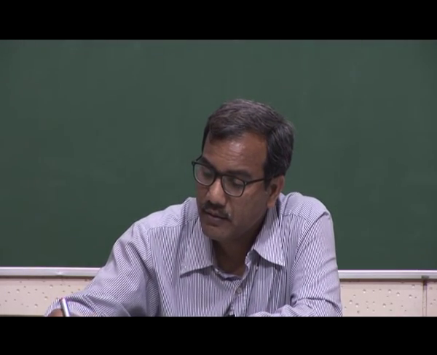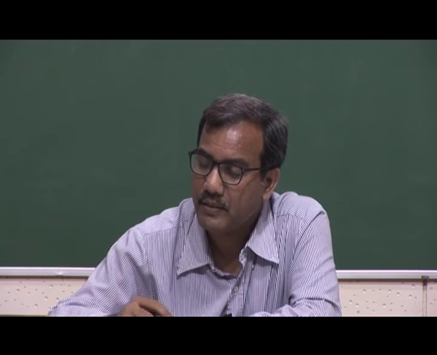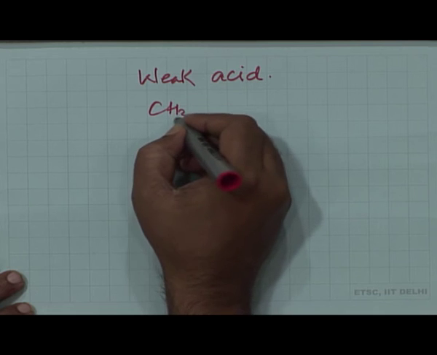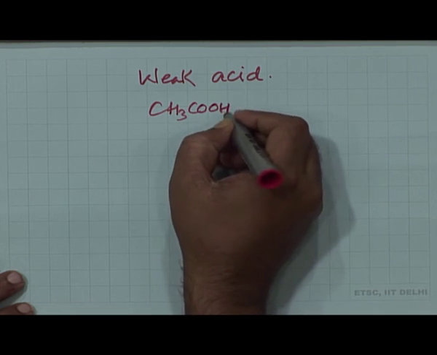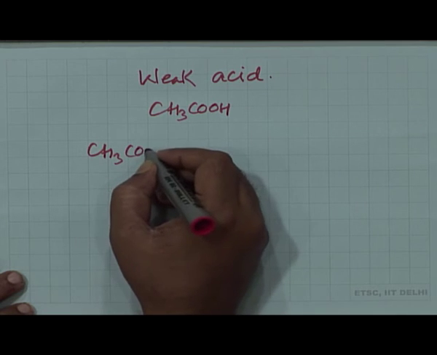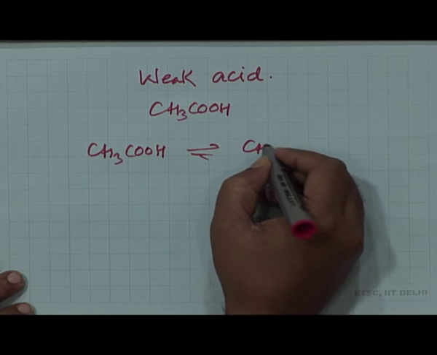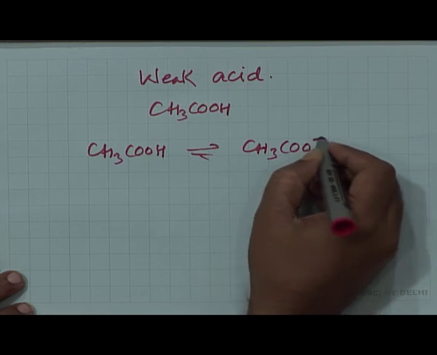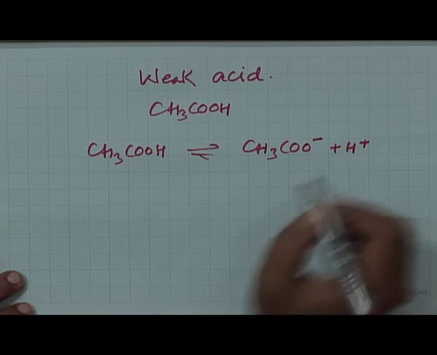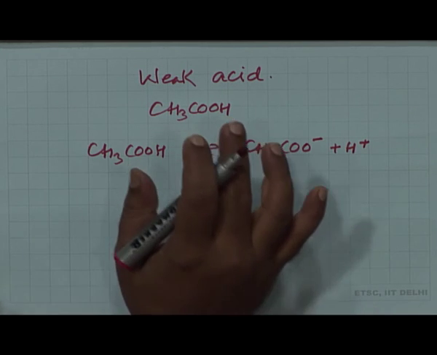But what about weak acid? Weak acid, for example, acetic acid. In a weak acid, we do not have complete dissociation, it is only partially dissociated.